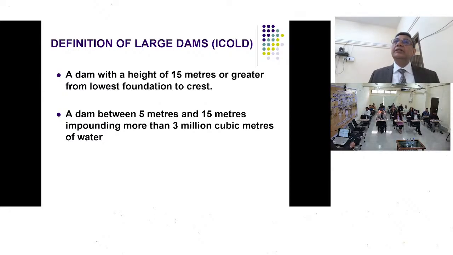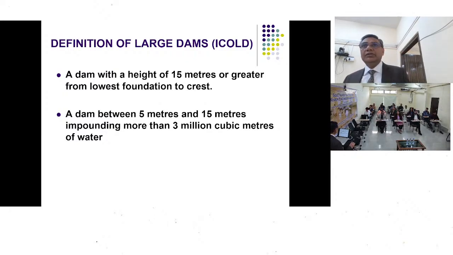Now why are we saying that a large dam is also a dam which is maybe lesser in height than 15 meters but is impounding more water? Because the dam which we are constructing is used to store that water. And in case there is a failure of a dam, then this amount of water which is going to be released because of the failure is going to create a lot of catastrophe on the downstream side.